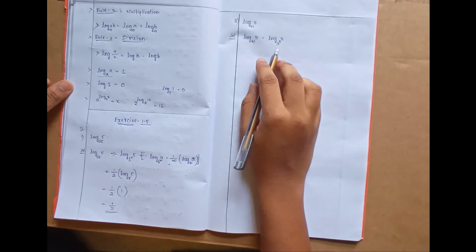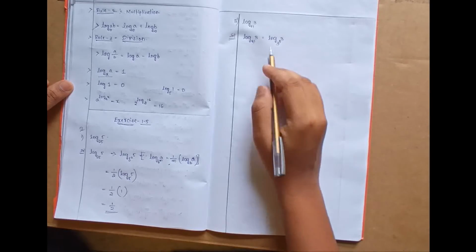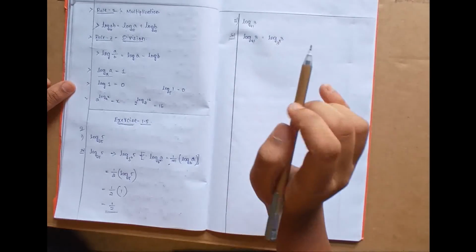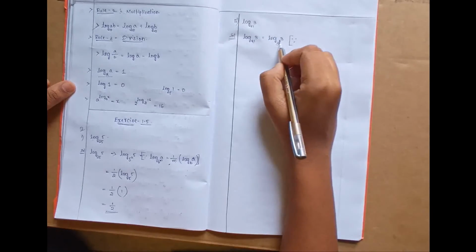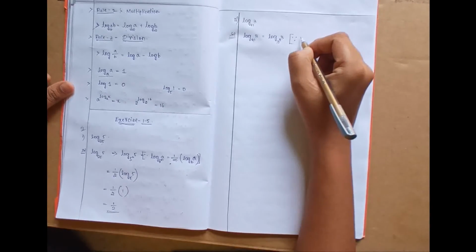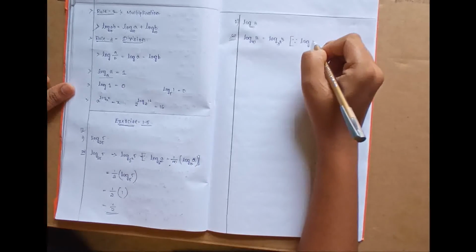The all are 3's, right? Okay, now let's assume we are using this law and finding the value.